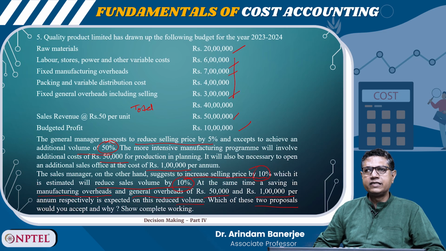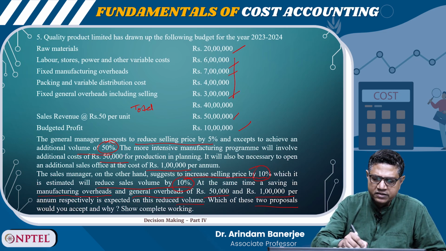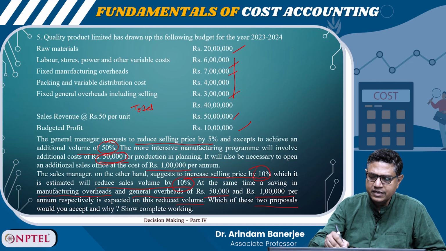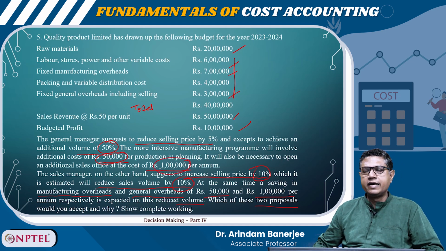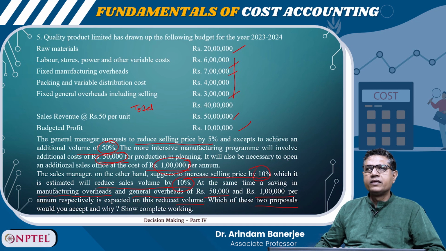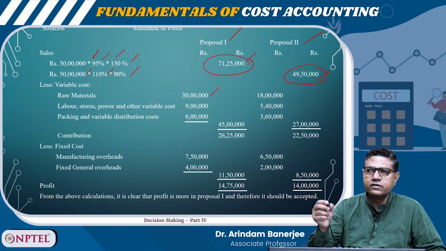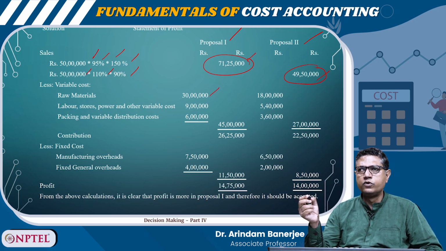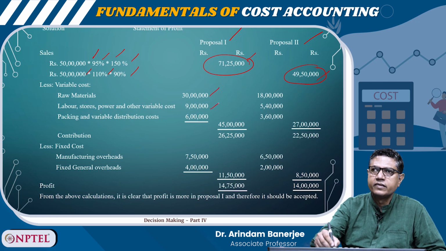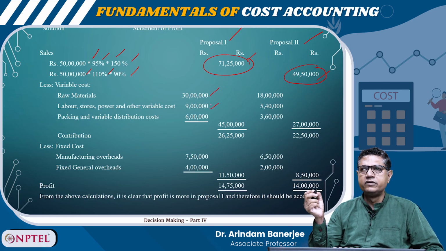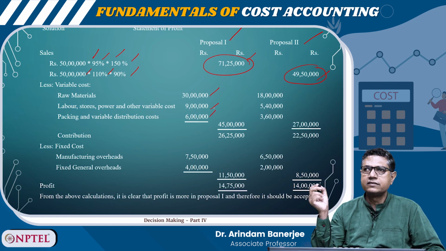In the first proposal, these two are additional costs: 50,000 for production planning and 1 lakh to open an additional sales office. The additional sales office is required because volume is increasing. Variable cost: raw material, labor, stores, etc. 30 lakh, 9 lakh, packing and variable distribution cost 6 lakh.